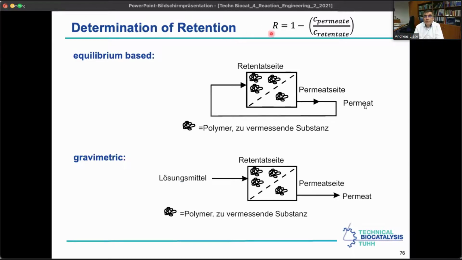Retention is abbreviated with the capital R, and it's a ratio of the concentration of the compound of interest in the permeate in relation to that in the retentate, and that is subtracted from 1. So we see here two ways now how we can determine the retention, and we differentiate the method of equilibrium-based and gravimetric determination.